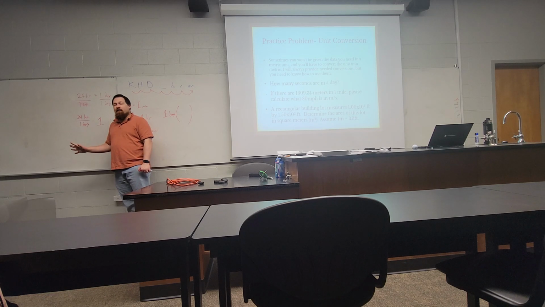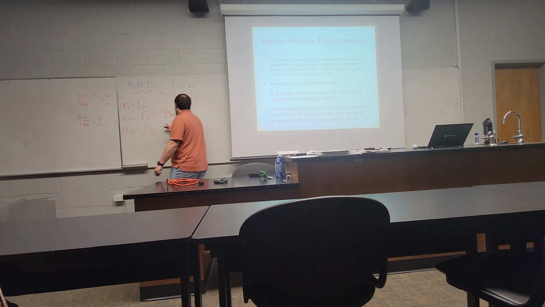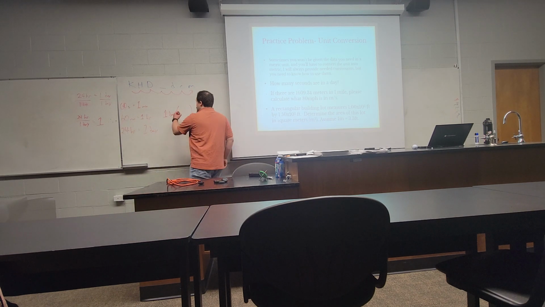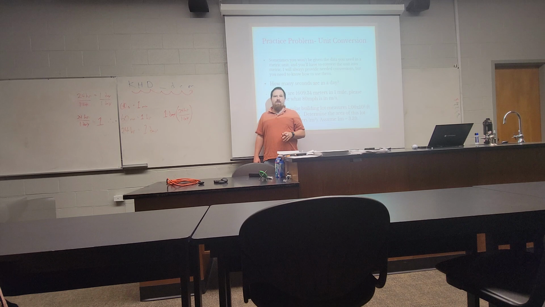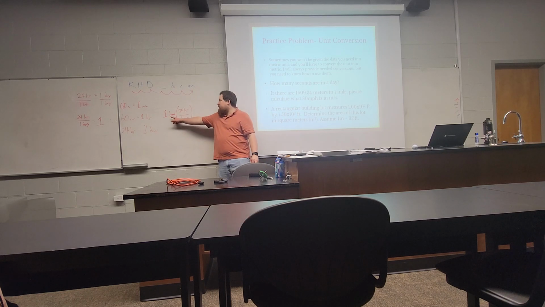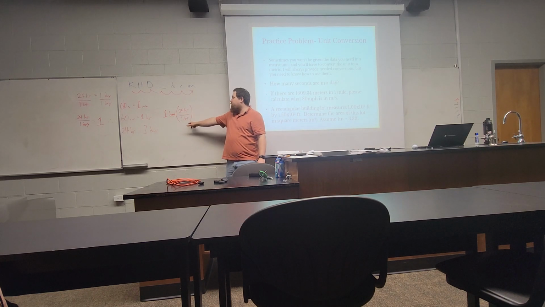All that preamble is just getting to me taking this fraction and writing it here. 24 hours over 1 day. That fraction is equal to 1, and I am multiplying that fraction times my original value. Since the fraction is 1, I am not changing the value of 1 day, but I am going to take advantage of the fact that technically I now have days divided by days.